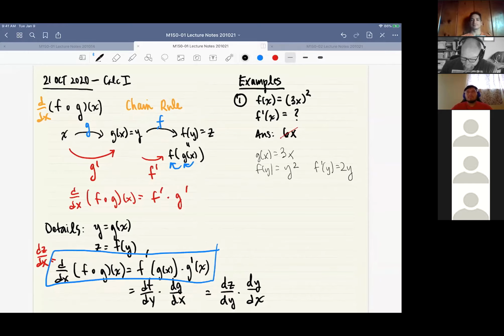And then I differentiated the 3x, and that got me 3. Okay. So I remade the equation, and I got 2 times 3x times 3, and that got me 18x. Yeah, I like that. That's good.